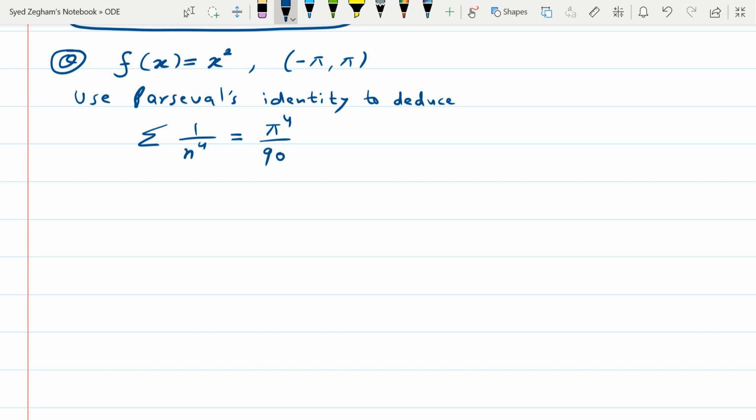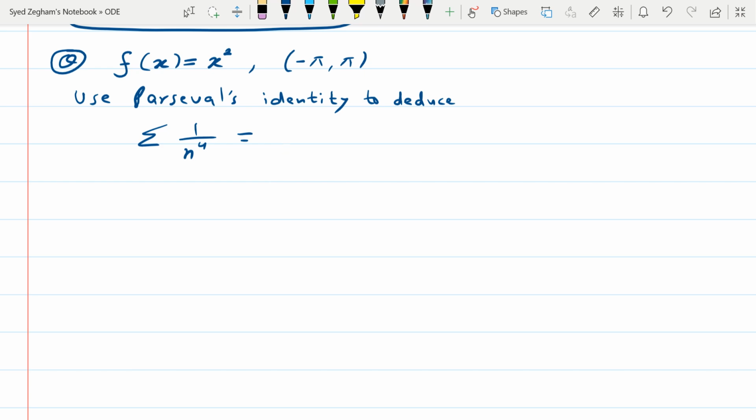Okay, and remember that the question can be in other form also, that use Parseval's identity to deduce the value of the series summation 1 by n power 4. So both ways they can ask you the question. They can give you that what should be the value of this series, this series is equal to what, right?